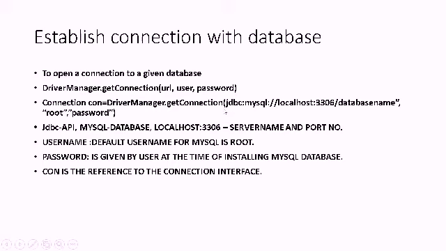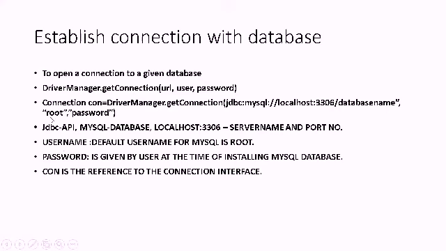Now what is this jdbc, mysql, localhost 3306, and what is the database name, root and password? Here is the explanation. JDBC is nothing but the API, and MySQL is the database. Localhost 3306 is the server name and the port number you are using. The database name can be any name; whatever database you're using should be mentioned here.